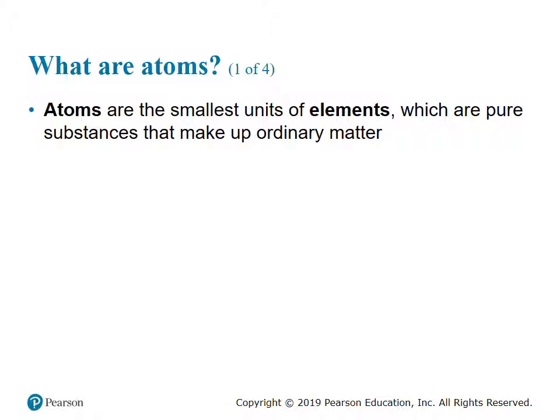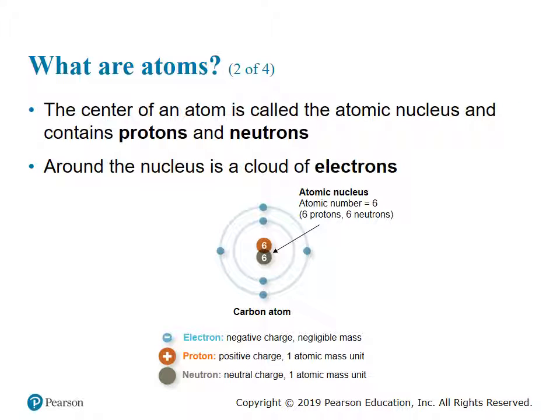So let's talk a little bit about this, right? Because I know many of you are already familiar with this, and this is something that we've discussed before, for example, in A&P, or if you've taken a biology class, everything starts with chemistry, right? And we know what atoms are. Atoms are the smallest unit of an element, and they make up pretty much everything that we call matter.